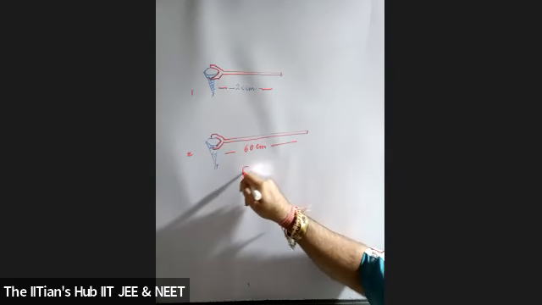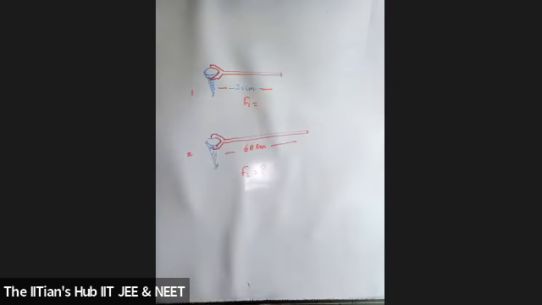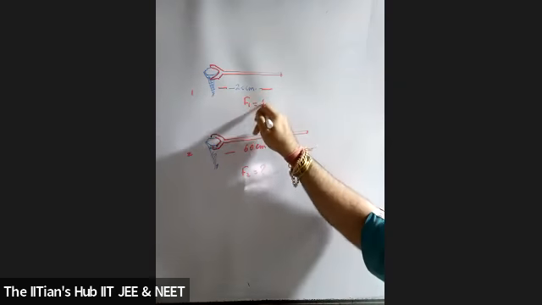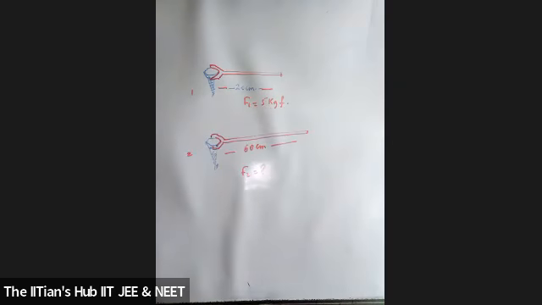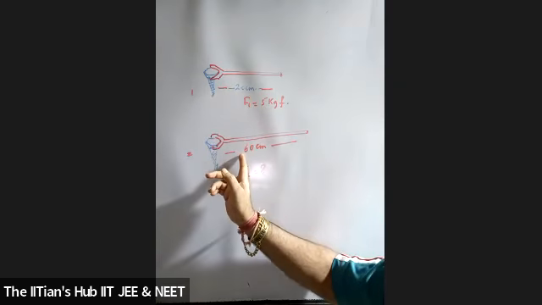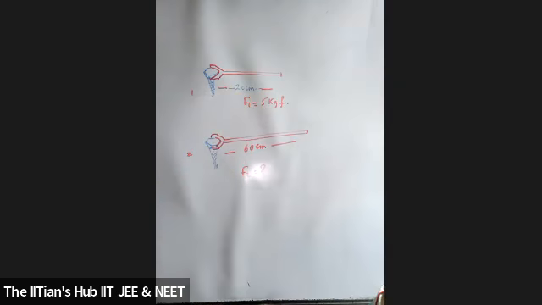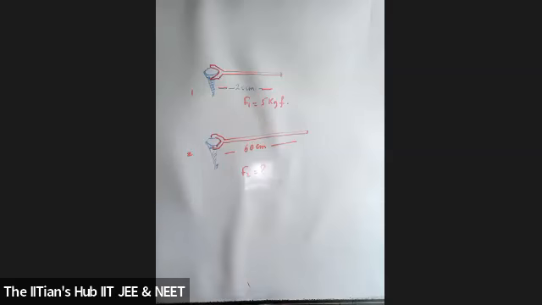What should be my force applied in the second case? If the force applied in the first case is given to me as 5 kilogram force, what is the magnitude of force applied in the second case? For a spanner of length 60 centimeters to open a nut, if an identical nut can be opened by a force of 5 kilogram force with length 20 centimeters. So is the question clear?